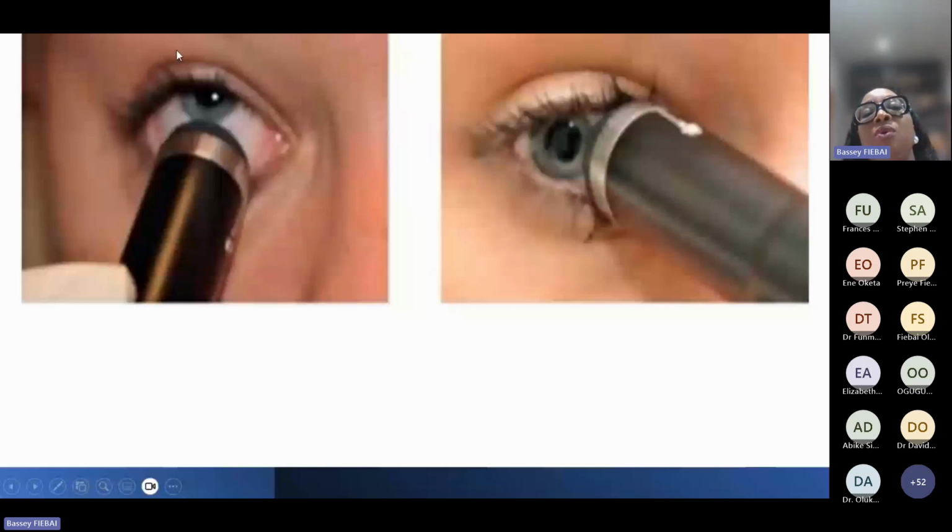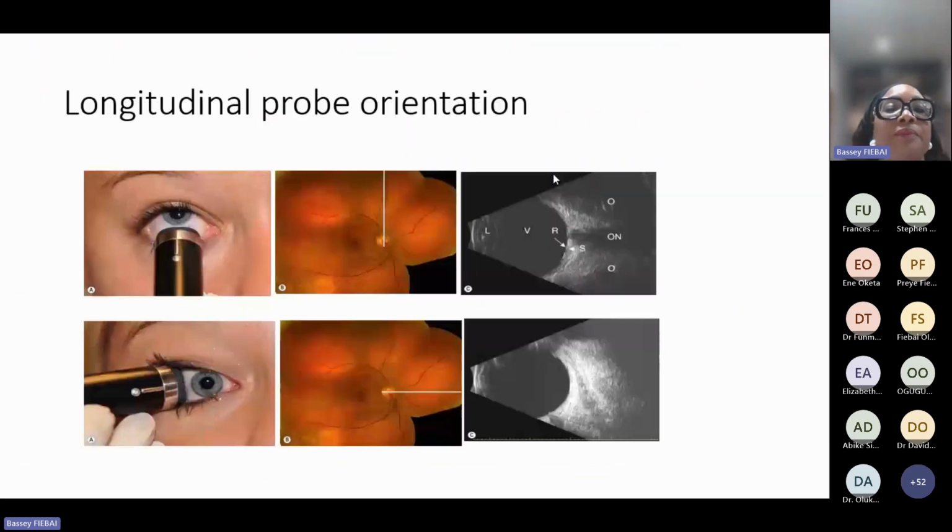So the probe is on the inferior aspect, and it scans up to 6 clock hours. Same thing here. If you want to scan the temporal aspect, the patient looks outwards. Your marker should face superiorly, and it will scan 6 clock hours there.